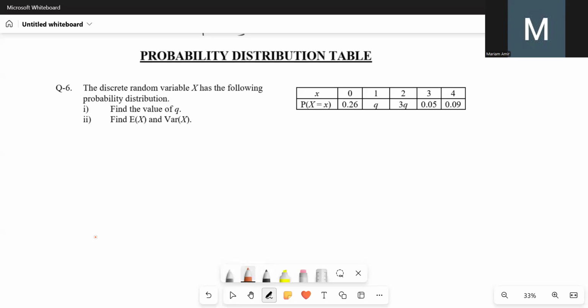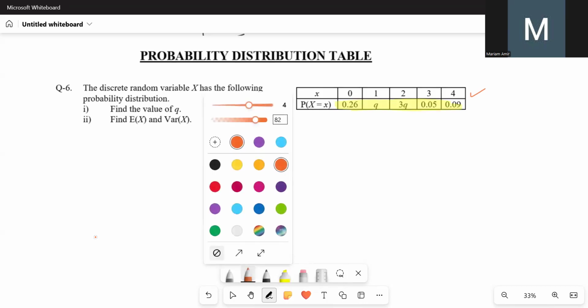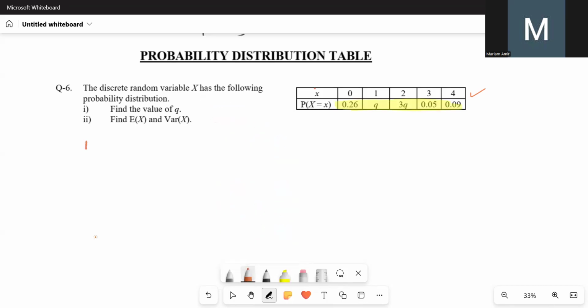The discrete random variable X has the following probability distribution as seen here. Find the value of q, which means we sum all these probabilities and equate it to 1 to get the value of q. So 0.26 plus q plus 3q plus 0.05 plus 0.09 equals 1.